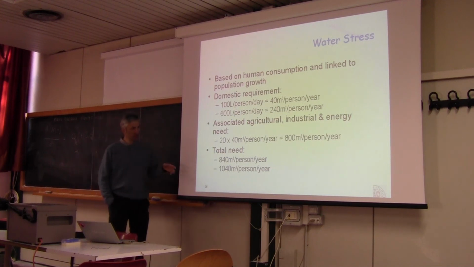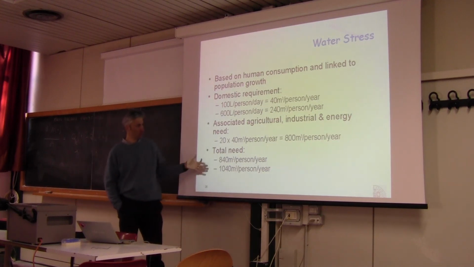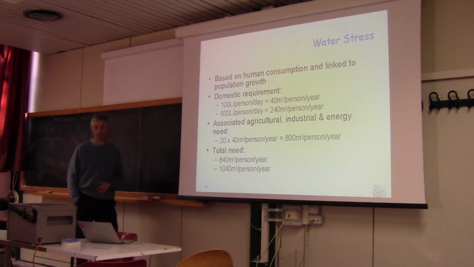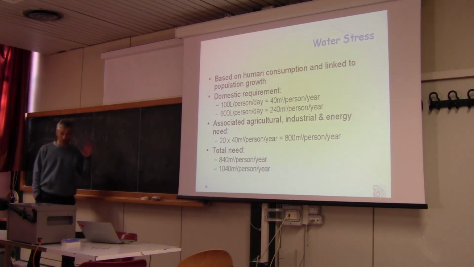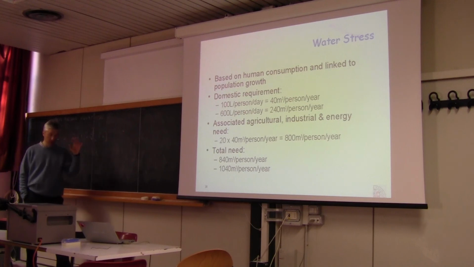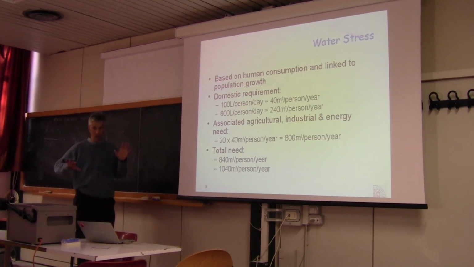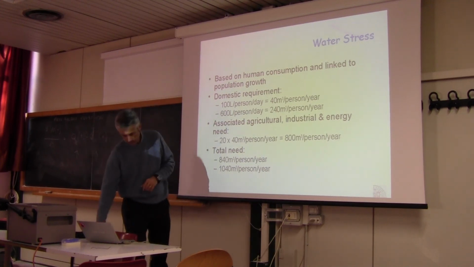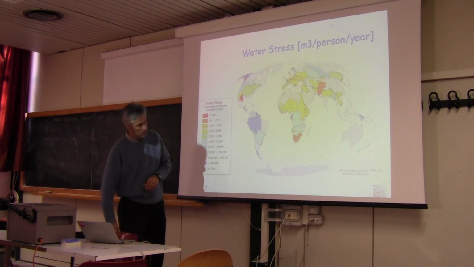So let's say that we need about this quantity of water per person per year, from 800 to 1,000 cubic meters per person per year, including irrigation, including everything. But again, irrigation is about 4 times civil use. And we will see the numbers for the Emilia-Romagna region. You will see a similar correspondence, 3-4 times.